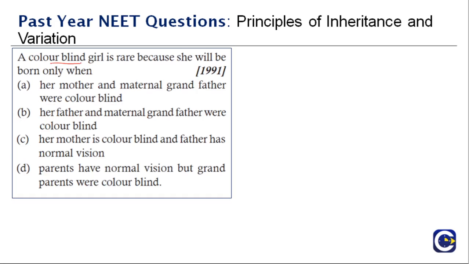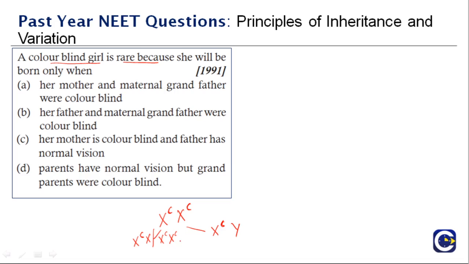A color-blind girl is rare because she will be born... A color-blind girl should basically have both the genes for color blindness, which means her father should definitely be color blind and her mother should be either a carrier or color blind.